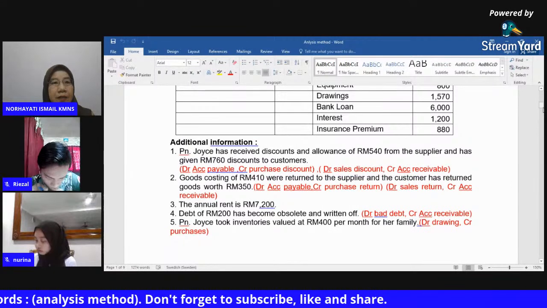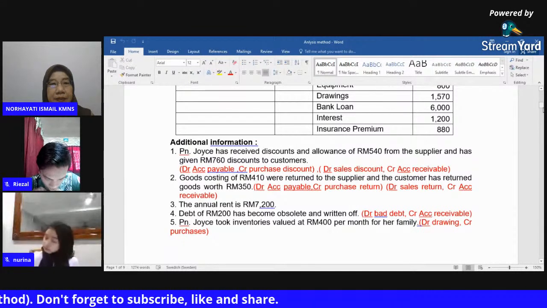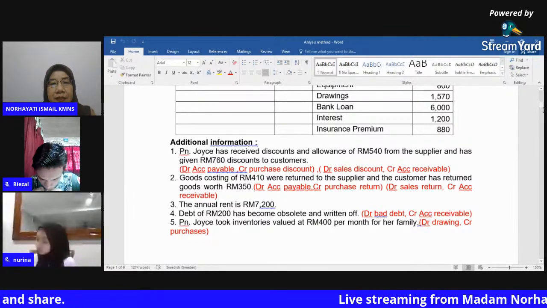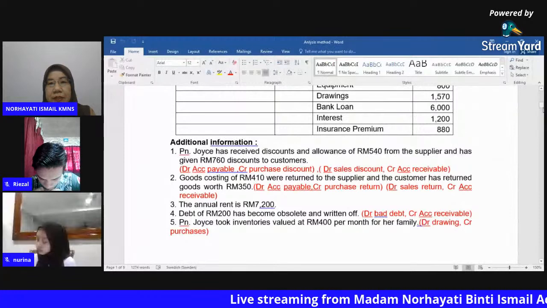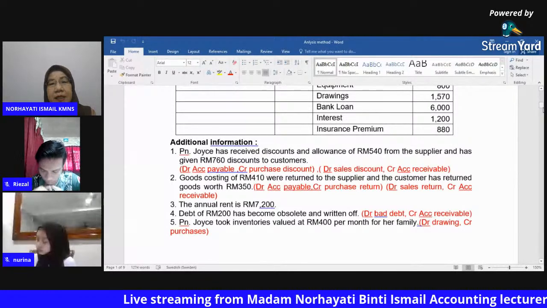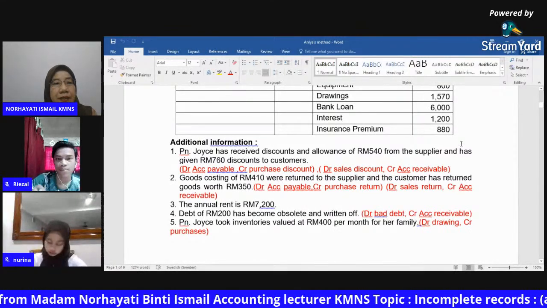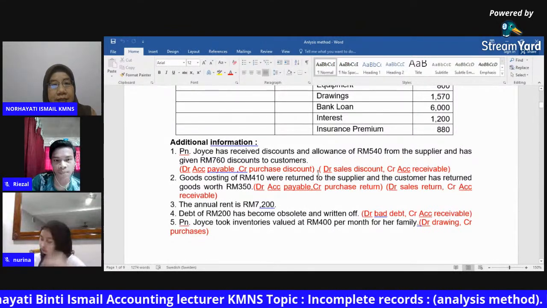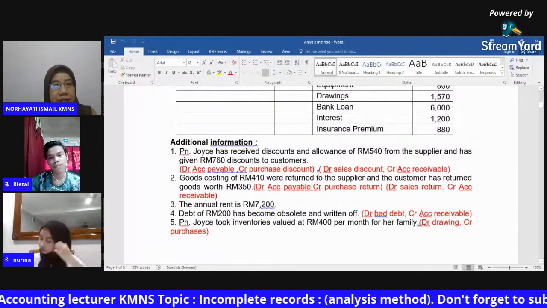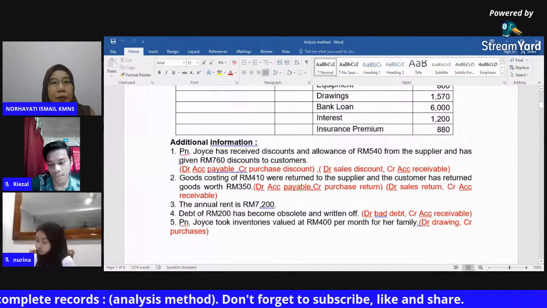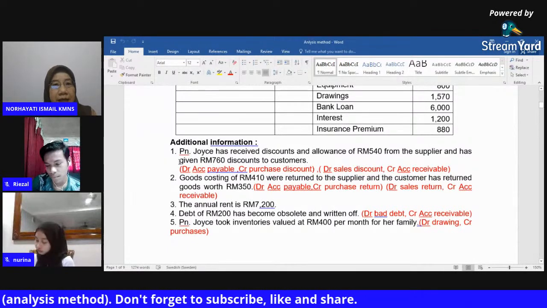Number one, Puan Josh has received discount and allowance of RM540 from the supplier. The supplier is the account payable, and has given RM760 discount to customer. So when you look at the additional information, number one, there are two transactions.